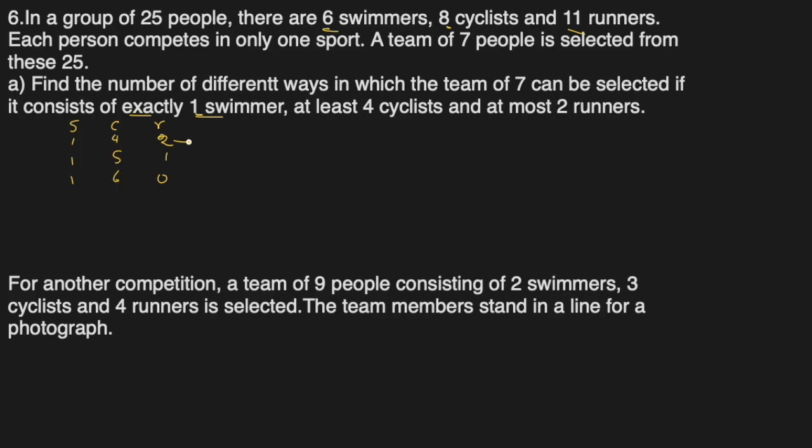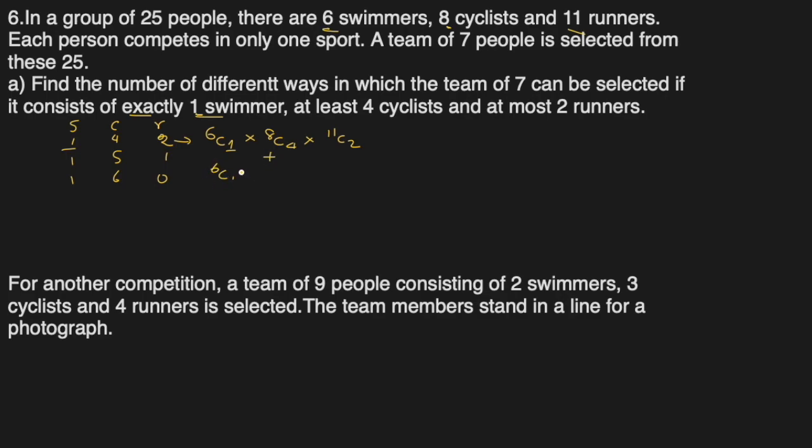So now we will interpret them into how many ways it can be done. Swimmers are 6, so out of 6 swimmers we have to select 1 here. Out of 8 cyclists we have to select 4 of them, and out of 11 runners we have to select 2, right? This is one combination. Whenever we say either this will happen or this will happen, we add them.